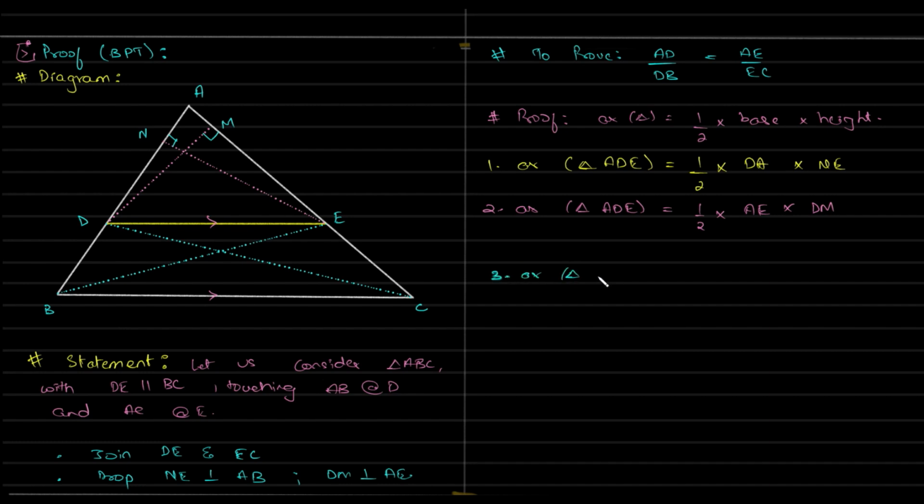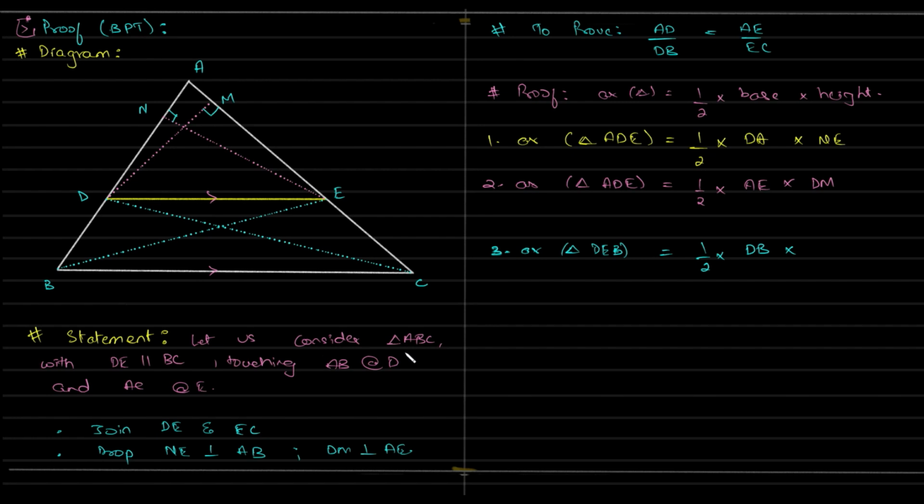Area of triangle DEB. Now you guys pause and figure out what if I take DB as the base, what is the height? Just tilt your book. The answer is there. Okay, NE will be your height.